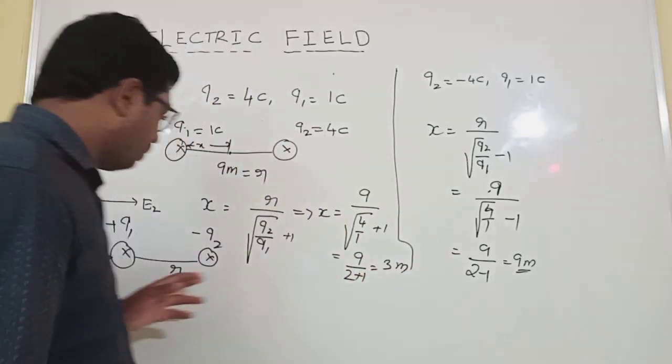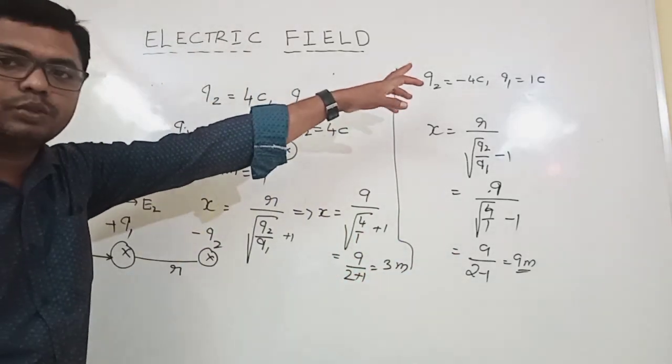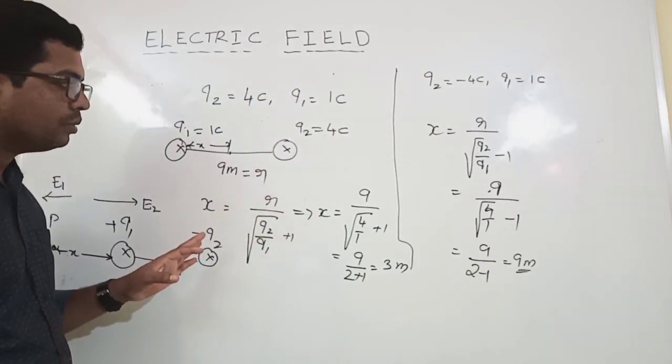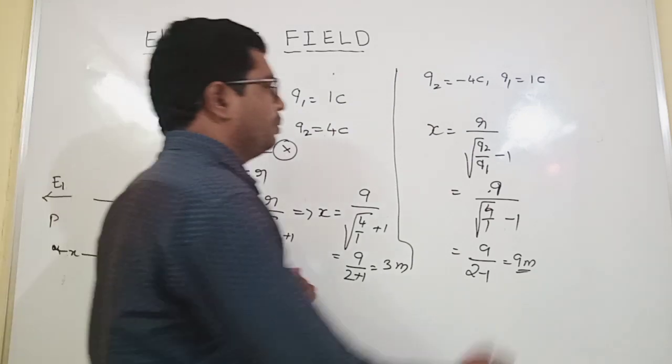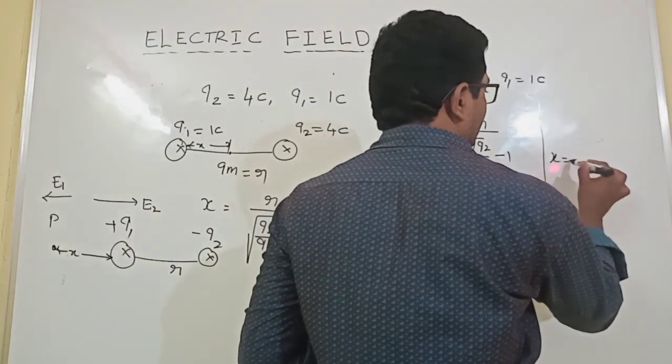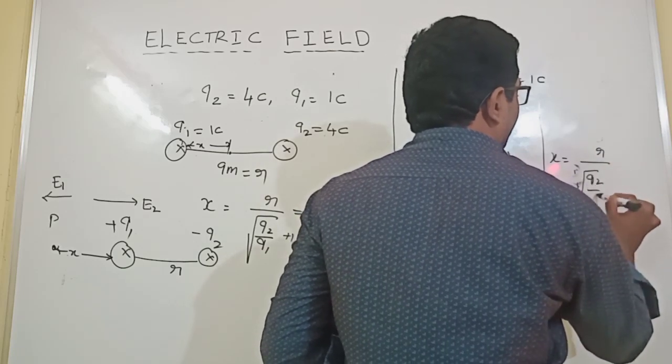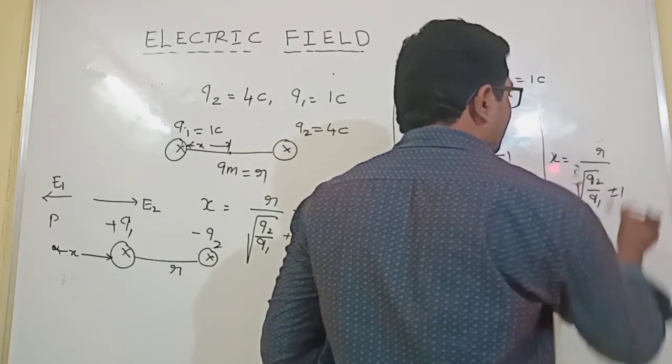That means outside of these two. Why? Because of those two, one is positive and the other one is a negative charge. So that is why we are measuring from the Q1 charge. That is why we are explaining x is equal to r divided by (root of Q2 by Q1 plus or minus 1) from Q1.